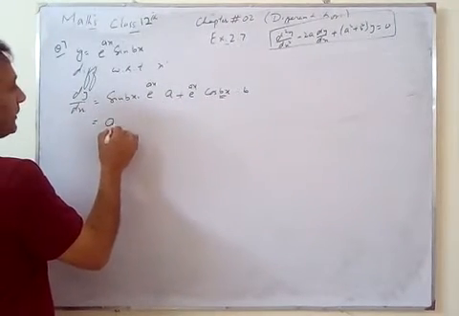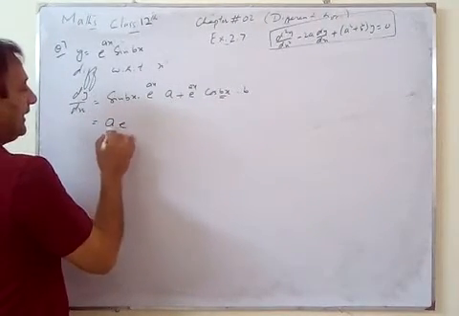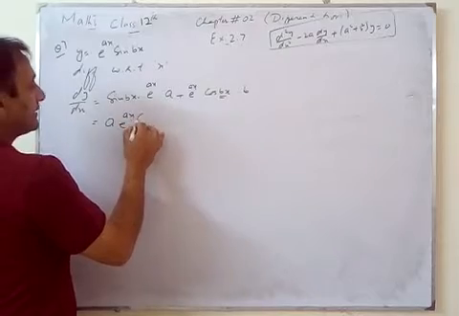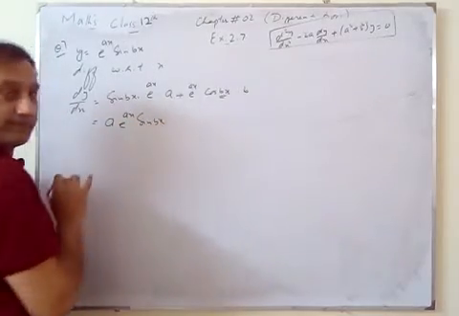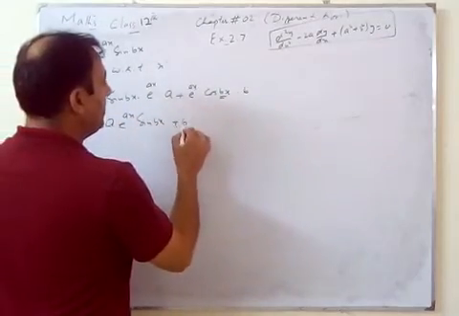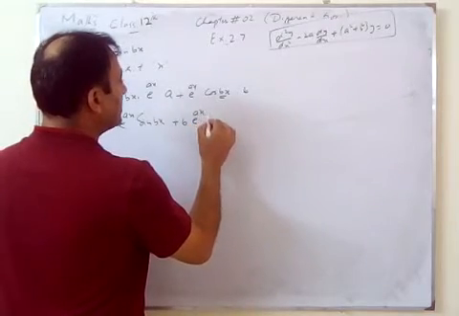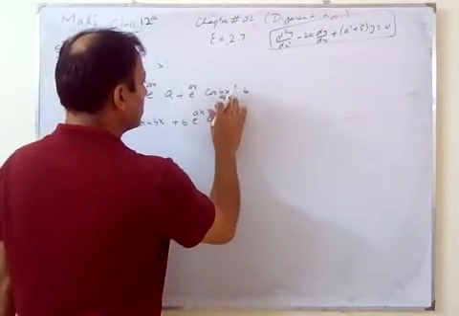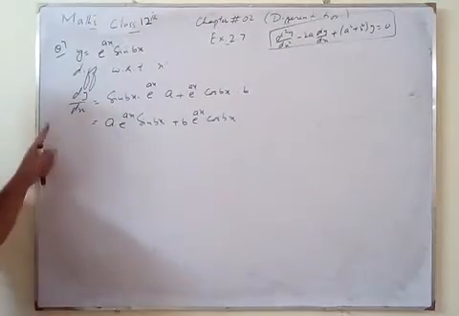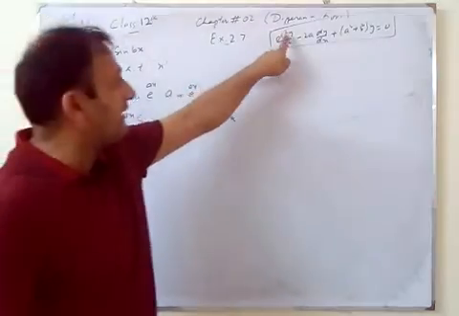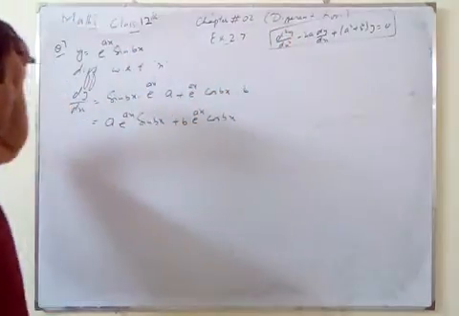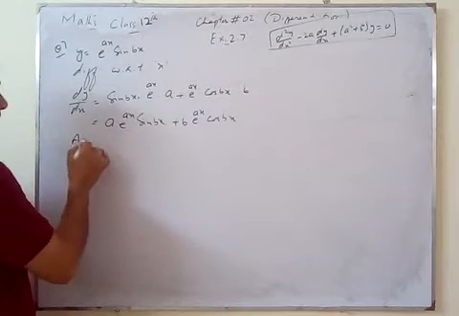So in sequence we write a e power ax sin bx plus b e power ax cos bx. This is the first derivative, and here the second derivative is involved, so we have to take another derivative.